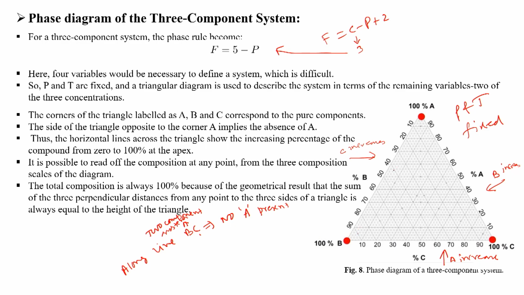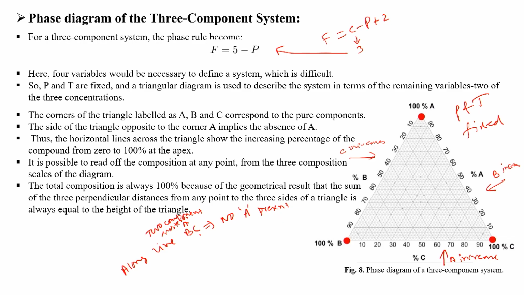Similarly, along line AB, there is no C. As mentioned, C increases in this direction, so along this line there is no C. Again, along line AB we get only a two-component system, components A and B. Similarly, along line AC there is no B present, so along line AC we have two components, A and C. Thus, the horizontal lines across the triangle show the increasing percentage of the component from 0 to 100% at the apex.